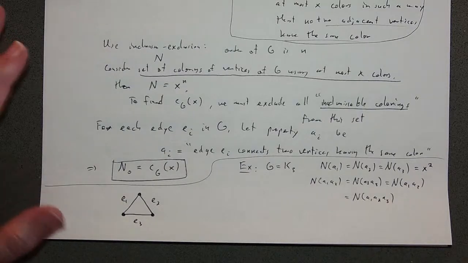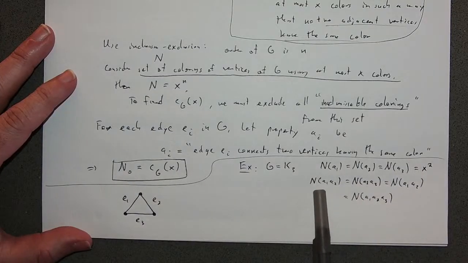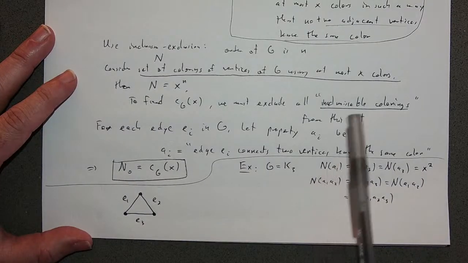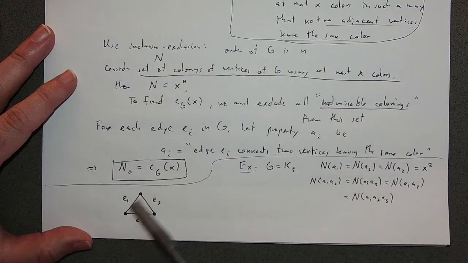Well, here this would be edge 1 connects 2 vertices having the same color. Edge 2 connects 2 vertices having the same color. But if these 2 vertices have the same color and these 2 vertices have the same color, then all vertices have the same color in this case.